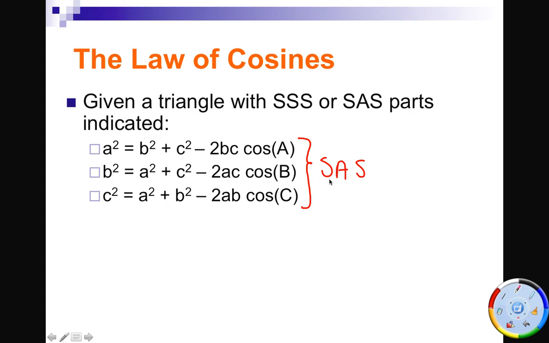So if you're given 2 sides and the included angle, you would say, okay, here is a squared equals b squared plus c squared minus 2bc times the cosine of a. Very straightforward. It just looks kind of complex.